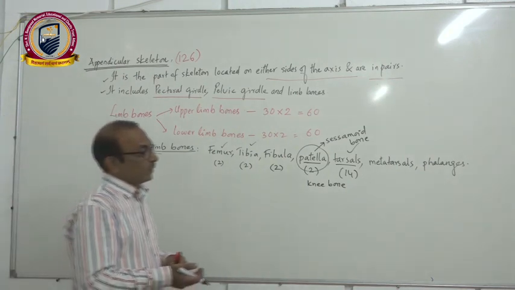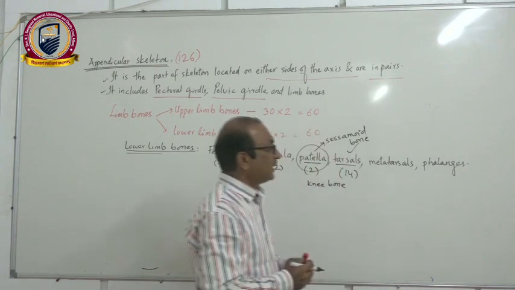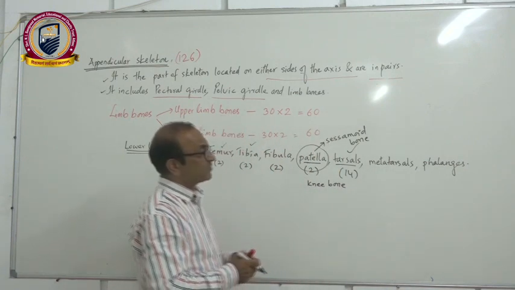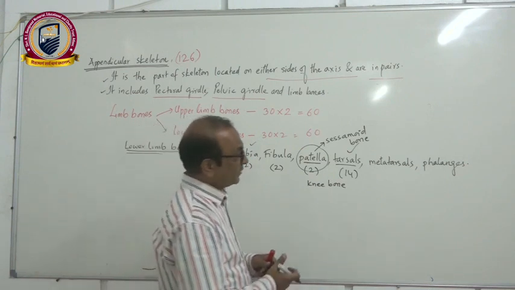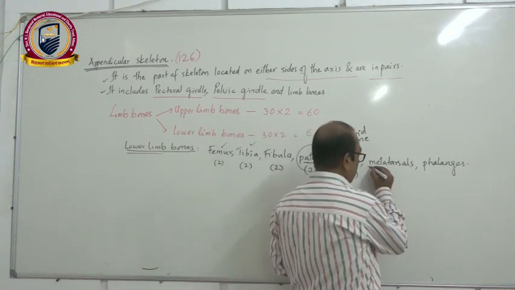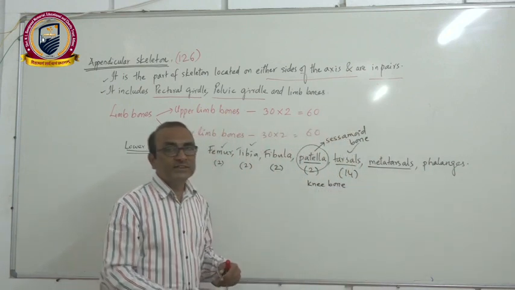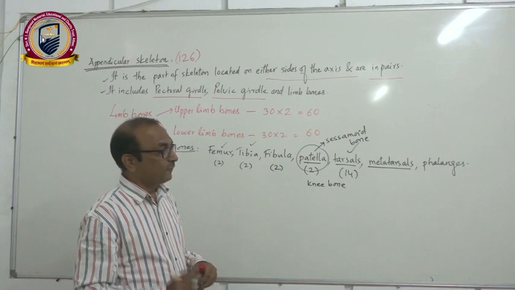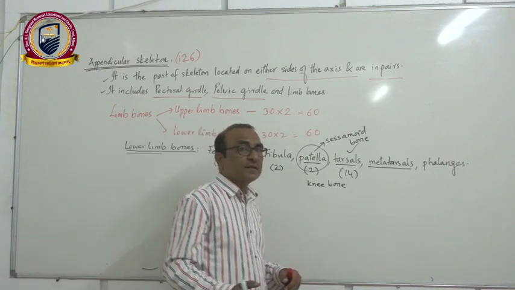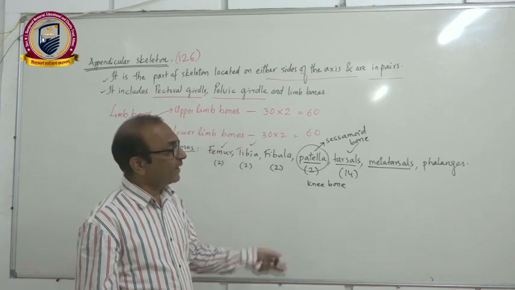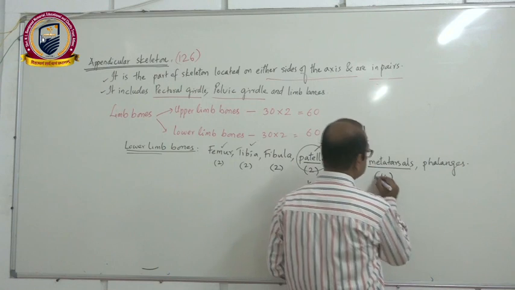Okay. Then attached to the tarsals are the metatarsals, which are the main supporting bones of our feet. Because we have 5 digits in each foot, there are 5 metatarsals in the right foot and 5 in the left foot. So there are 10 metatarsals.